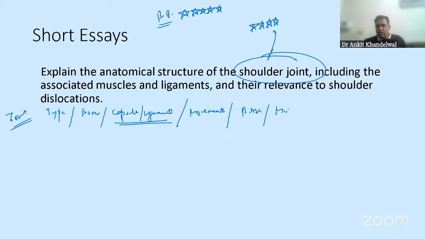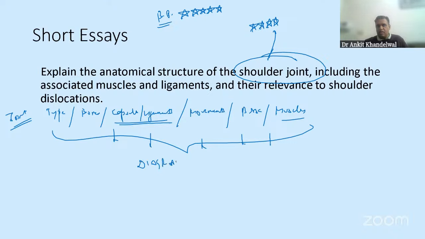What are the various muscles which cause movements? The entire anatomy should be there in a subtopic format, and finally associated with diagrams, basically 3-4 diagrams. Finally, we have the clinical applied for any joint.